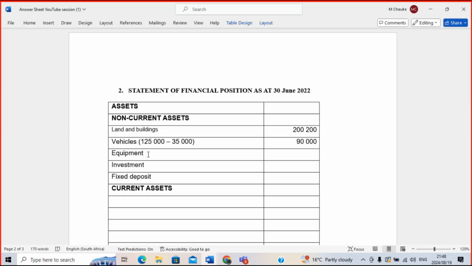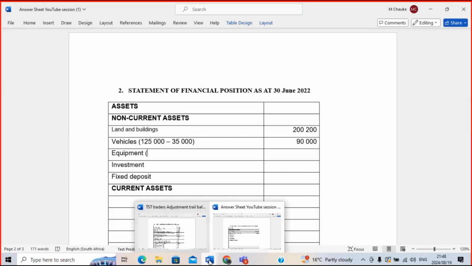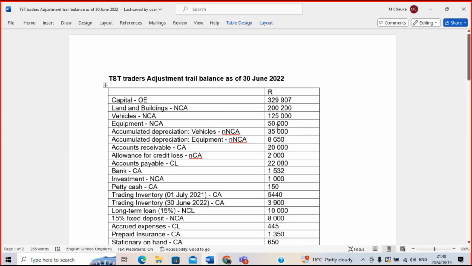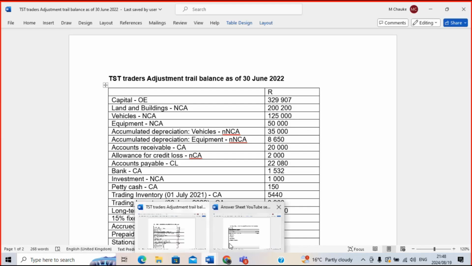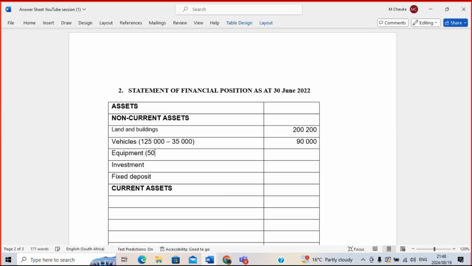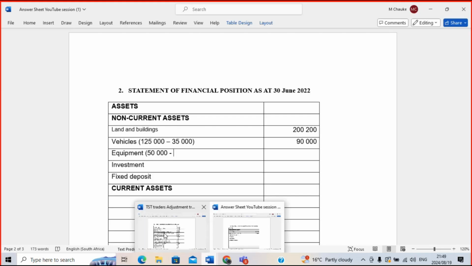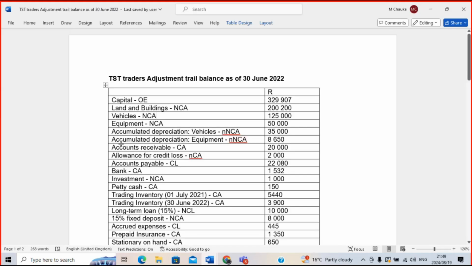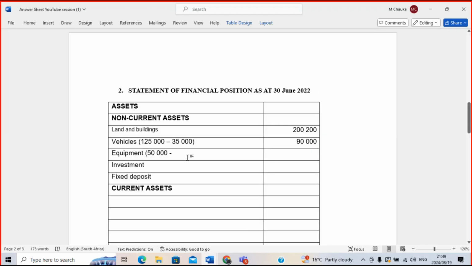Thank you. And then equipment, we're going to do the same. We have to say the amount of equipment minus accumulated depreciation on equipment. Equipment is 50,000, minus the accumulated depreciation on equipment, which is 8,650.